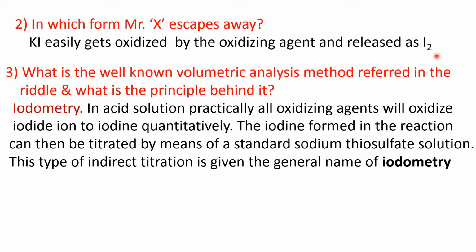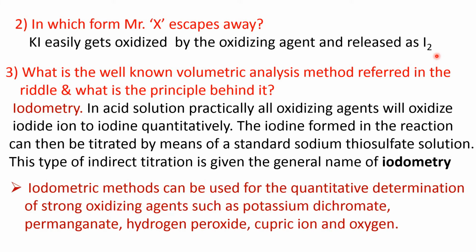And then the iodine formed by the reaction between the oxidizing agent and the iodide is titrated with standard sodium thiosulfate solution. This indirect method of titration is known as iodometry. An iodometric method can be used in the quantitative determination of strong oxidizing agents such as potassium dichromate, permanganate, hydrogen peroxide, cupric ion and oxygen.